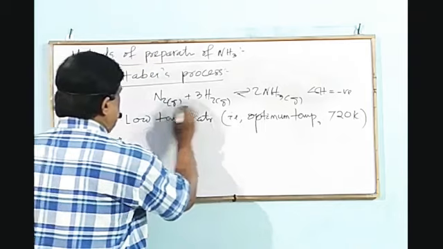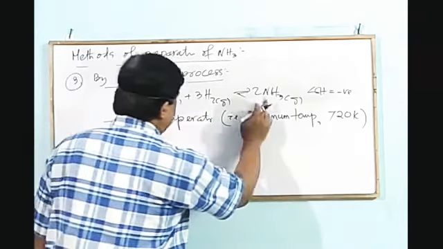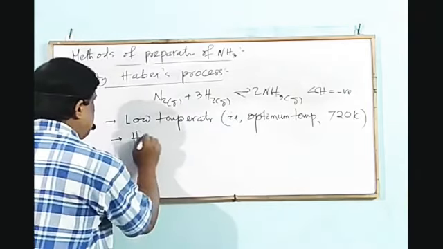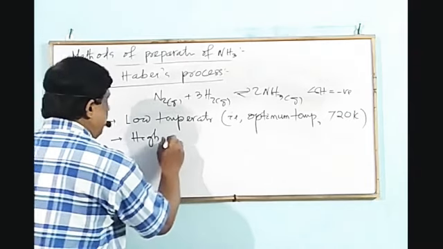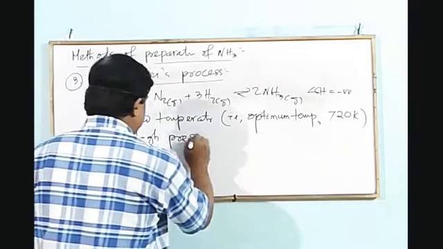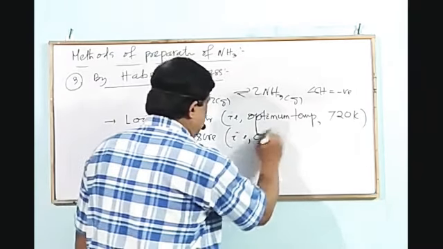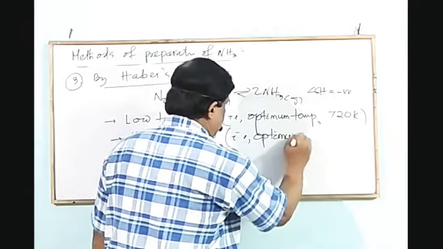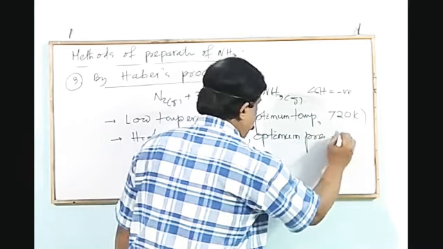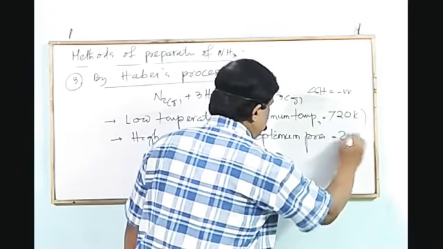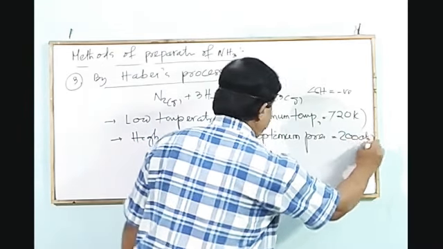It is 1 volume plus 3 volumes, 4 volumes, giving 2 volumes. That means high pressure, with optimum pressure equivalent to 200 atm.